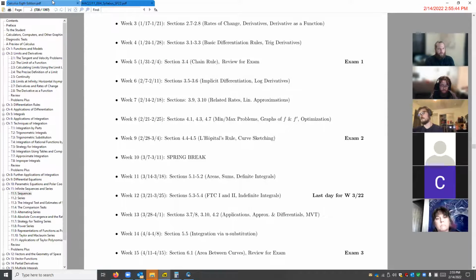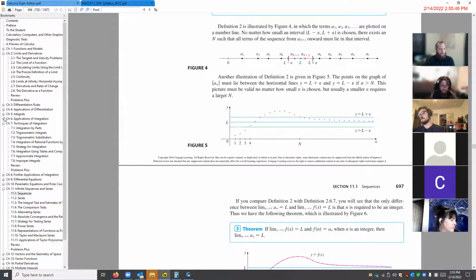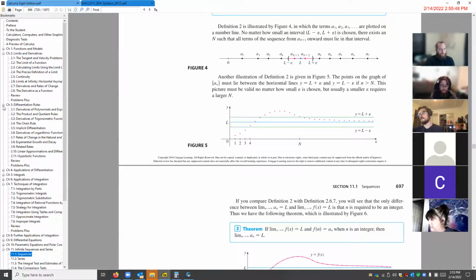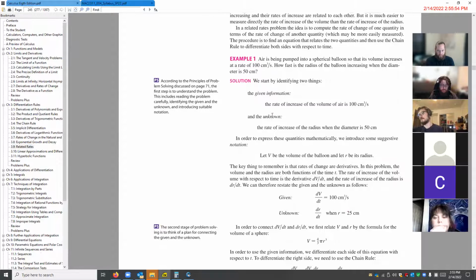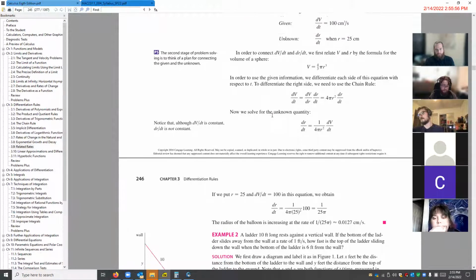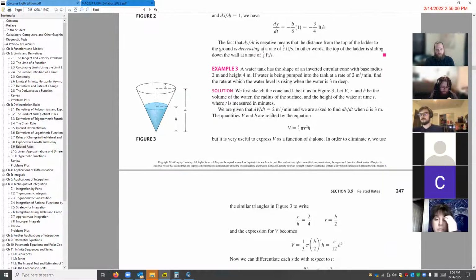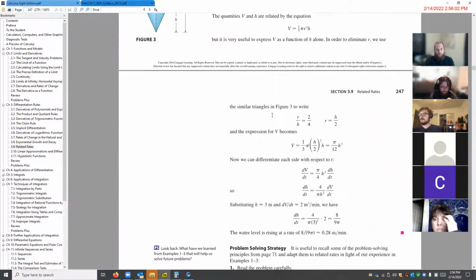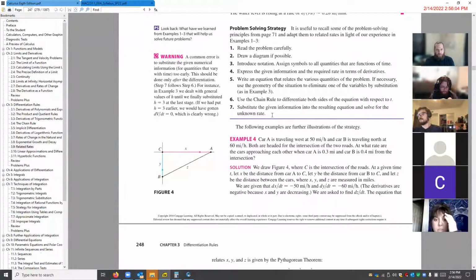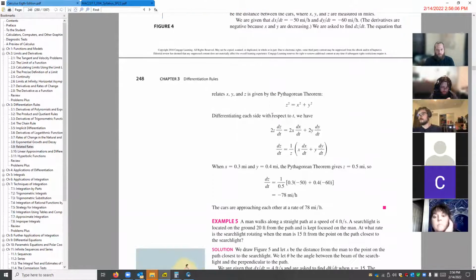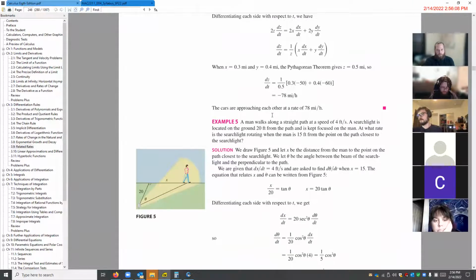So as you work through the homework, try to make note of any geometry formula that you use, because those are all fair game. Surface area of a sphere, volume of a sphere, these all show up quite often. Something using a similar triangle would be good, because those show up quite a lot.